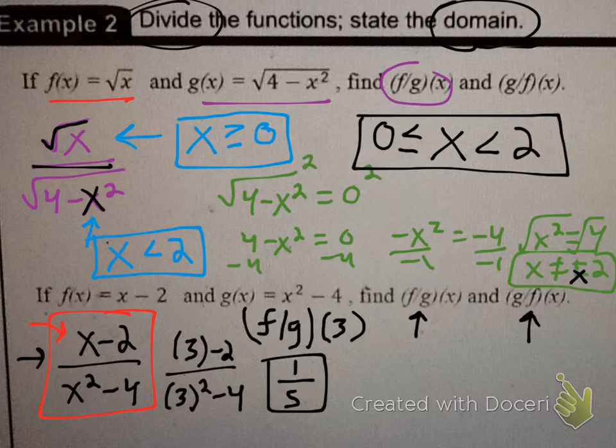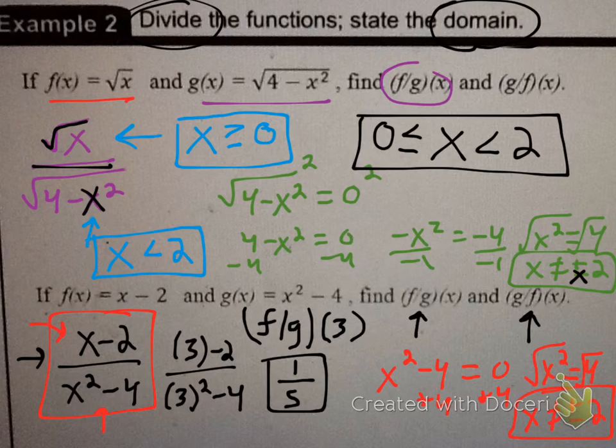But now look at the bottom of the fraction. It can't be 0. So x squared minus 4 cannot equal 0. So if I add 4 to each side, x squared equals 4. If I square root both sides, x cannot equal plus or minus 2.